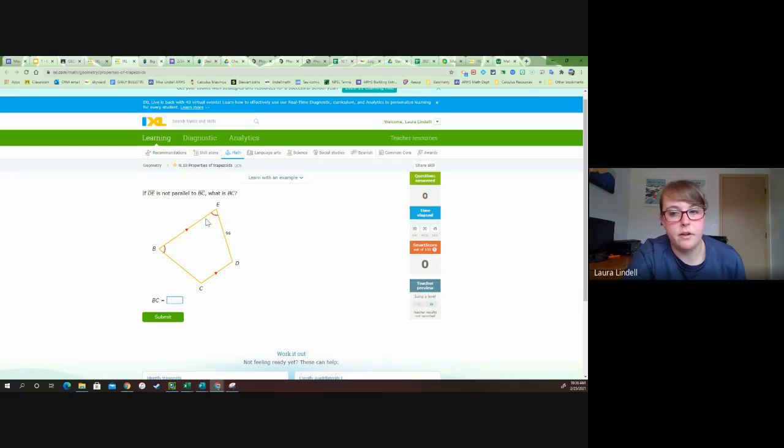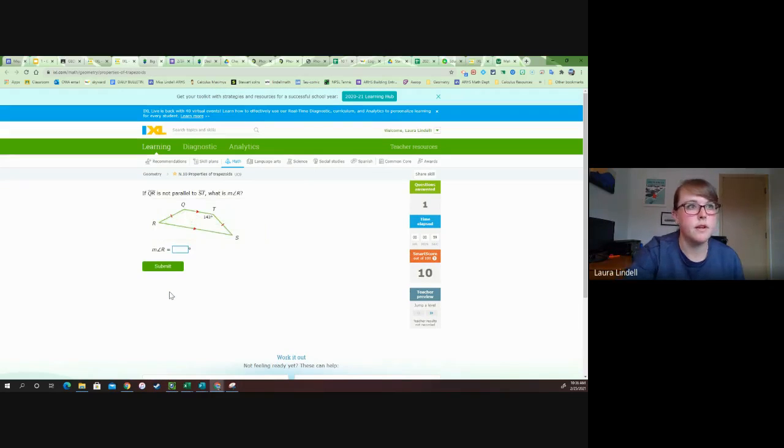When we know we've got these congruent base angles, right? So that tells me it's an isosceles trapezoid. So if this is 96, then that opposite side is also going to be 96. That's one kind of question we'll see.